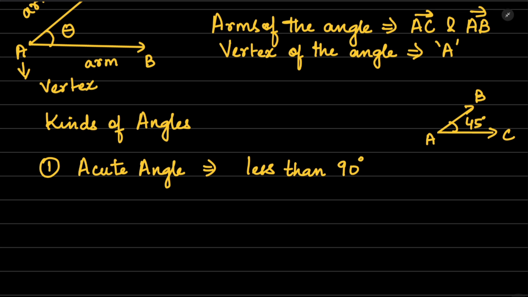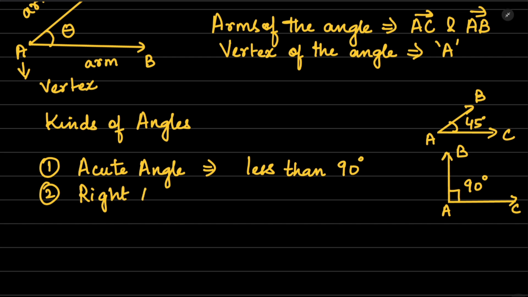Now, if you have exactly 90 degrees, suppose BAC is 90 degrees, then this angle is called a right angle. I'm going to write it here: right angle, that means equal to 90 degrees.